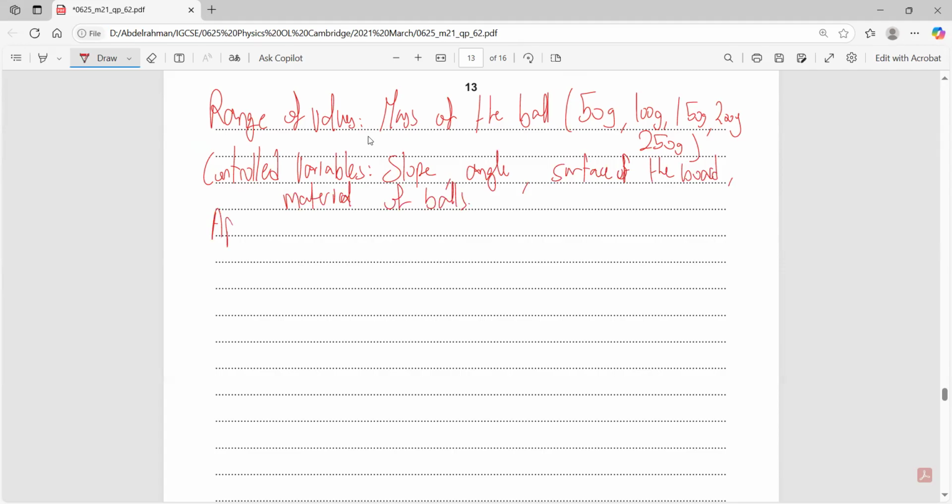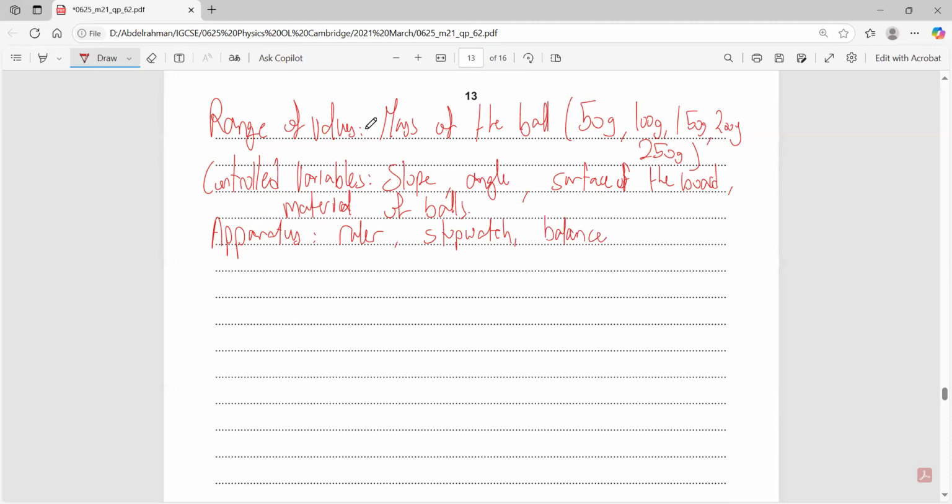What are the missing apparatuses? Missing apparatuses could be the meter ruler, the stopwatch, and the balance.